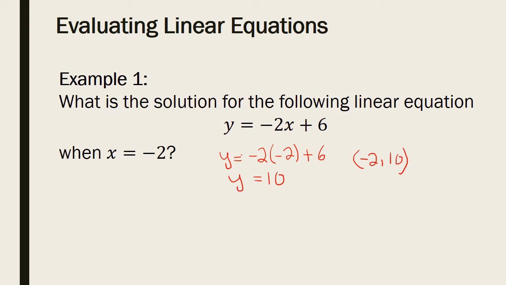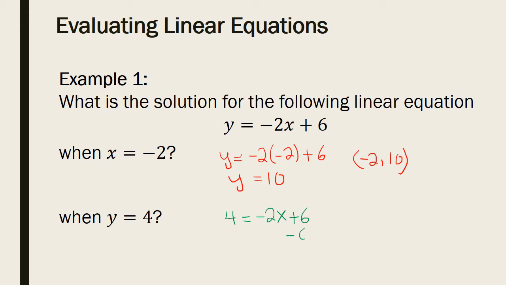Now let's evaluate the same linear equation, but this time when y is equal to 4. So in this case, we're going to substitute y this time with 4, and we're going to keep the x and try and solve the equation for x. So I'm going to end up with 4 equals negative 2x plus 6.